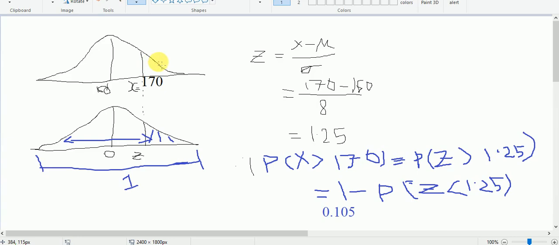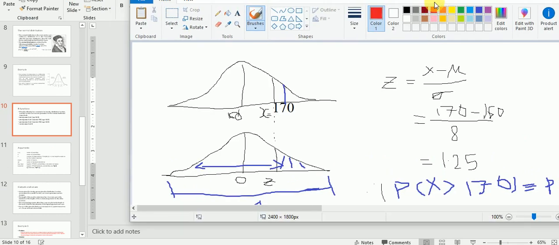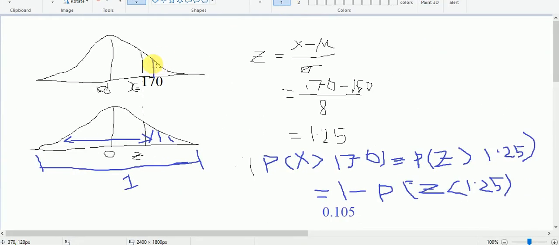So actually the x value is still at 170, but I will draw another line here, which is on x equal to 180.